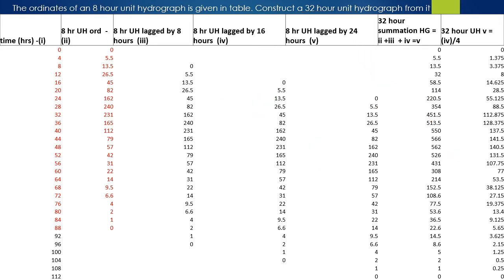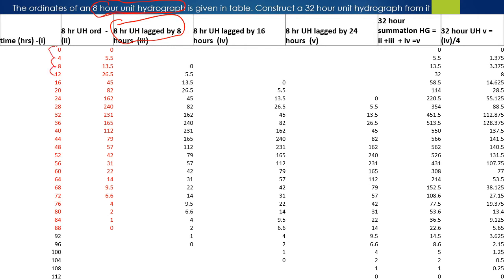First, we have the 8-hour unit hydrograph given. So first lag the curve by 8 hours. You can only lag the curve by the duration of the unit hydrograph given. See here, the duration of the unit hydrograph is 8 hours, but the data interval is given as 4 hours.